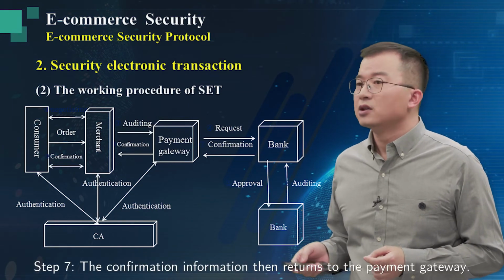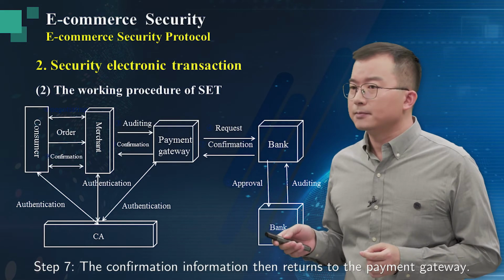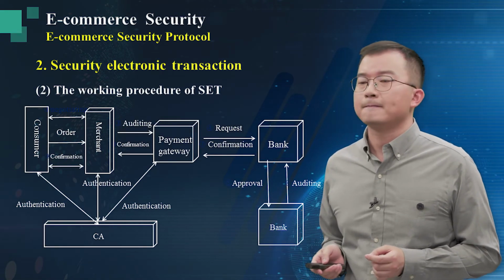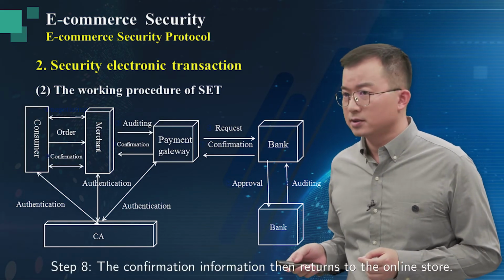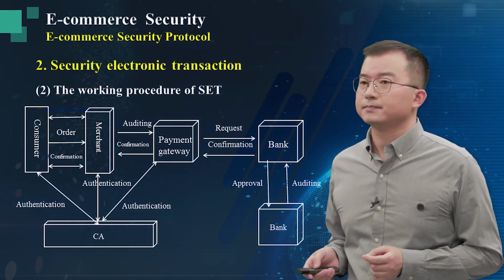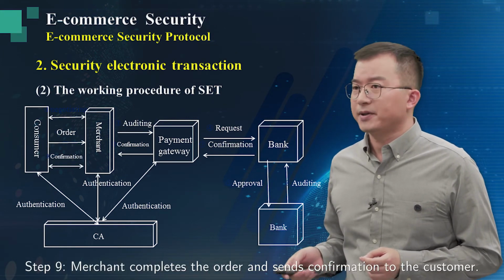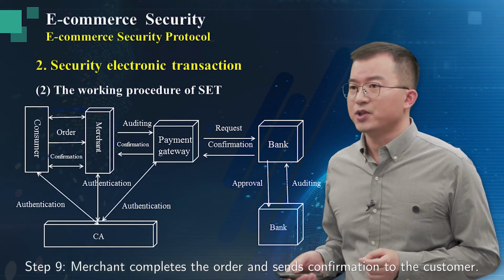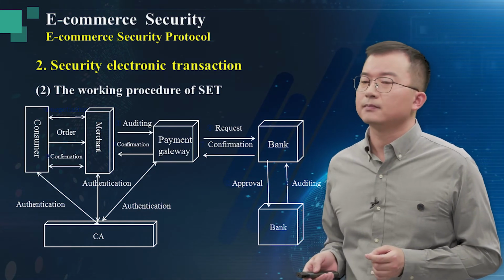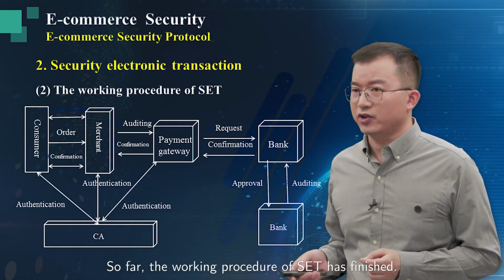Step 7. The confirmation information then returns to the payment gateway. Step 8. The confirmation information then returns to the online store. Step 9. The merchant completes the order and sends the confirmation to the customer. So far, the working procedure of SET has finished.